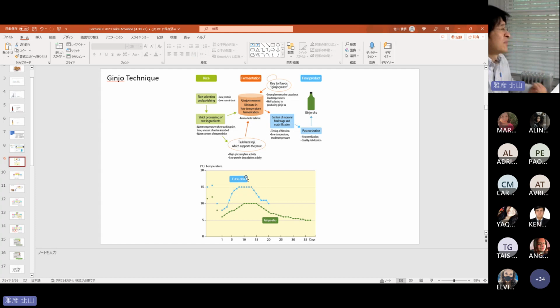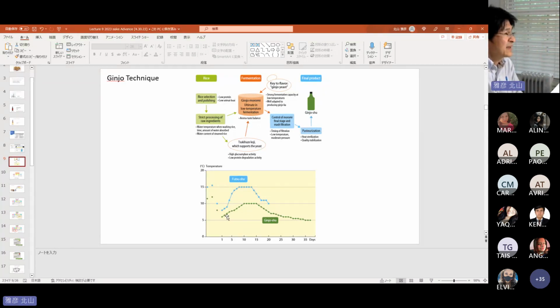Futsushu is produced from rice grain of about 70% or more. The large size of rice grain is used to make futsushu, ordinary sake. And the green line shows the temperature change during the fermentation to make ginjo sake using rice grain with a polishing rate of less than 60%.